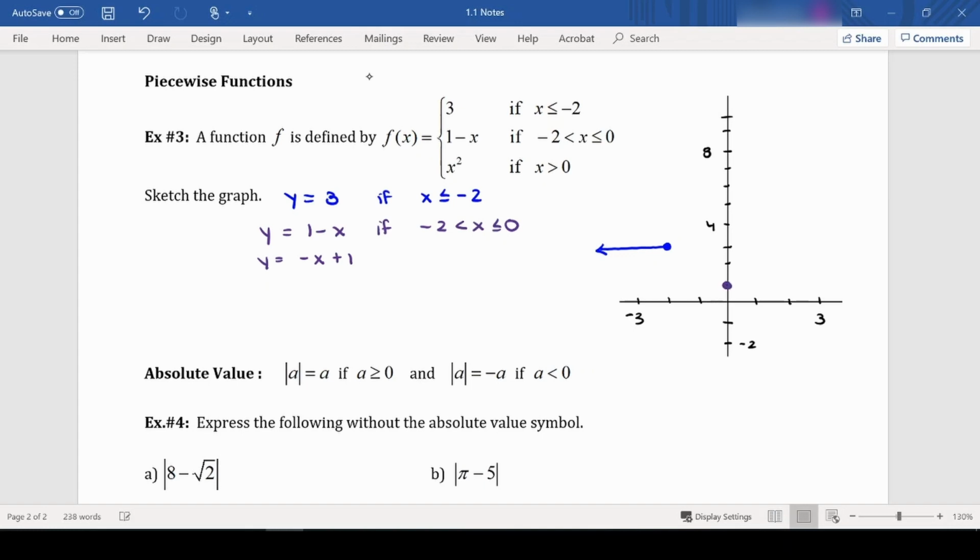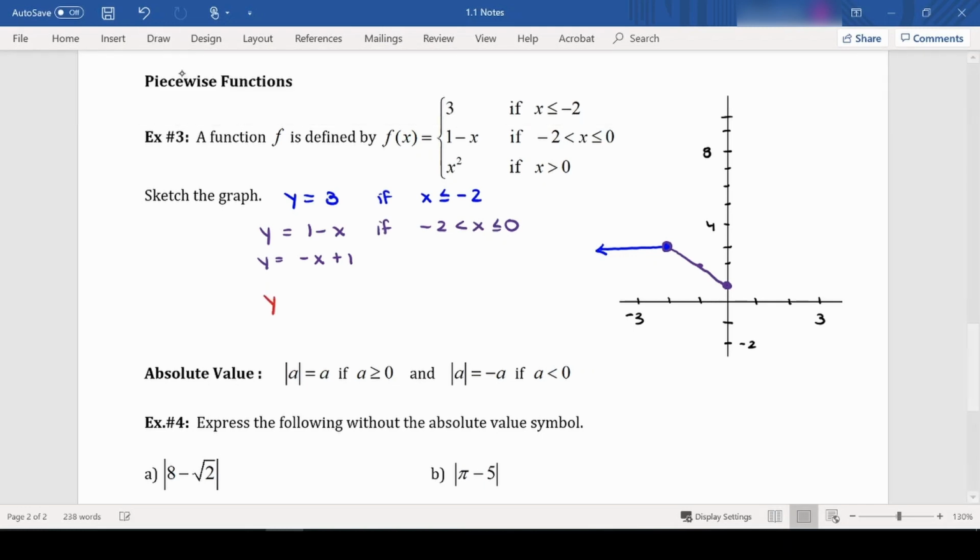We include that point when x is 0, and we have a slope of -1. So the problem is that we're going to overlap our blue point with this line, but it does not include that point on the purple line there. So the blue filled-in dot is going to overlap with our open purple point.